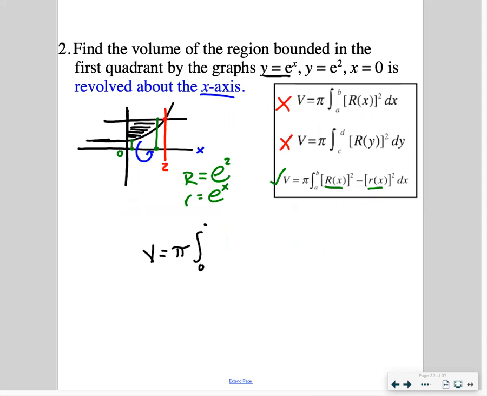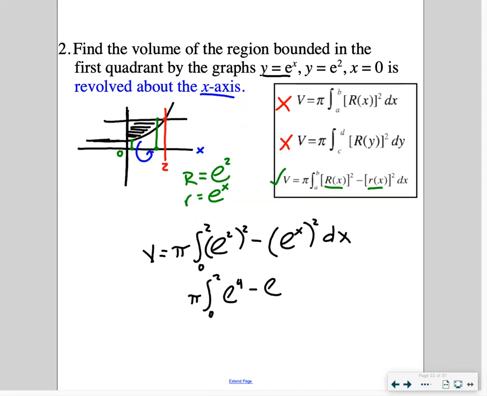This is going to be from 0 to 2, e to the second squared minus e to the x squared dx. I don't want to have trouble with parentheses, so I might simplify it a little bit more before I put it in my calculator.